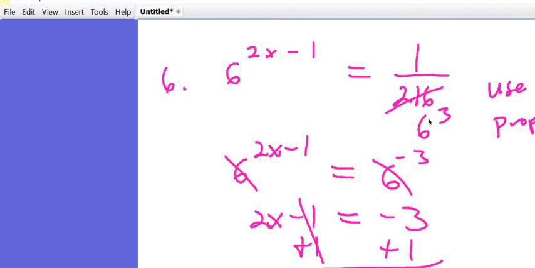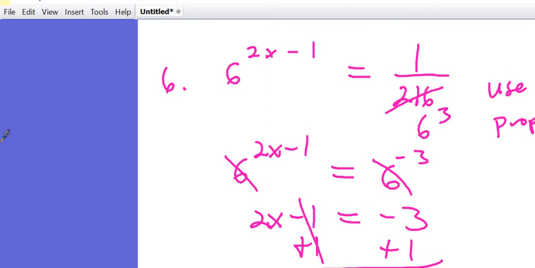Or if it was starting in the denominator, I would flip it up to the numerator, if you will, and change the sign. So it works both ways. I just needed it to be in this form instead of this form because this had a base of 6. So it's just something we needed to do in that case.